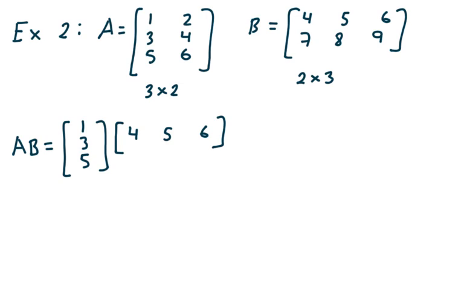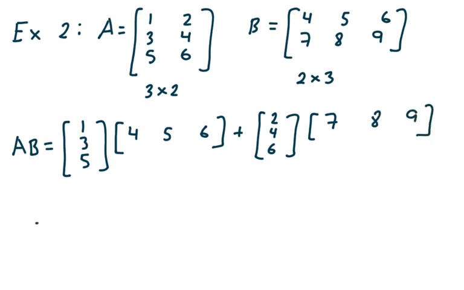Okay? Then I'm going to go plus. Then I'm going to take 2, 4, 6. Notice how that corresponds to the second column of A, times 7, 8, 9.